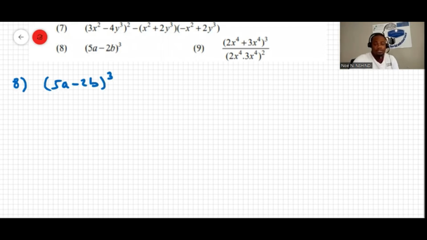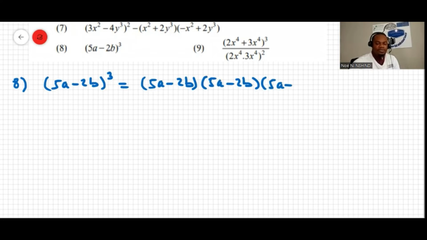There's a special formula for that, but in short, I will prefer to say this is 5a minus 2b, times 5a minus 2b, and then times 5a minus 2b.